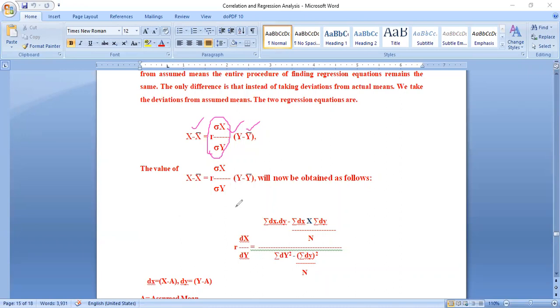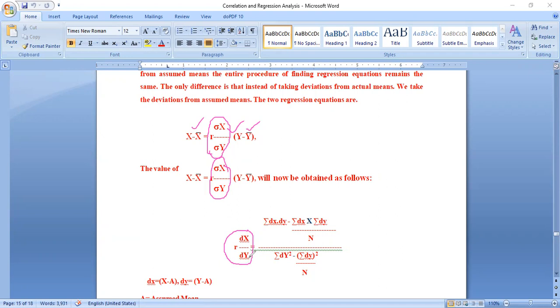If it is assumed mean, instead of writing r into standard deviation x by standard deviation y, we are writing here simply r into dx divided by dy. In assumed mean case only, r into dx divided by dy.